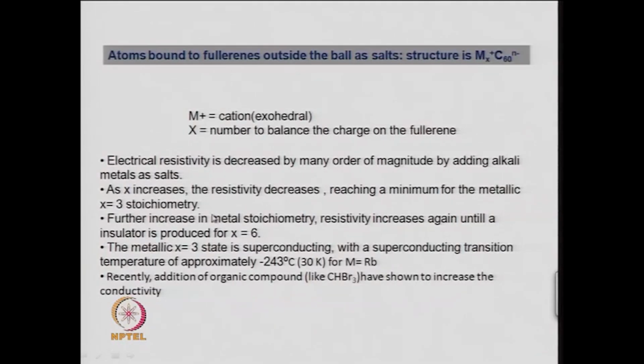As x increases, you reach a minimum in the metallic resistivity for x equal to 3. So, the typical formula that you can generate in these fullerides is something like M3C60, that means 3 moles of potassium or rubidium or cesium per 1 mole of C60, that is the maximum it goes. So, in that case you will have 3 electrons transferred to C60.